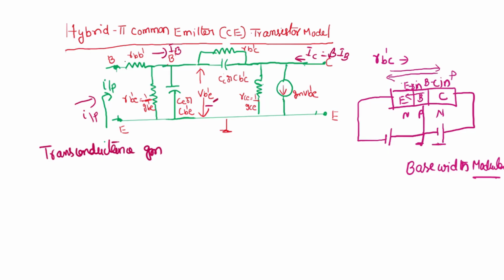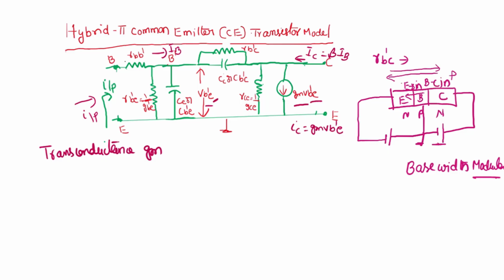That is the reason the output current is a dependent current, depending on VB'E. To keep that dependency, we use a dependent current source, gm VB'E. This justifies the inclusion of the current generator IC equal to gm VB'E across collector and emitter.